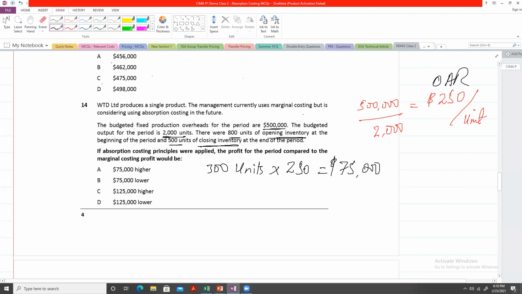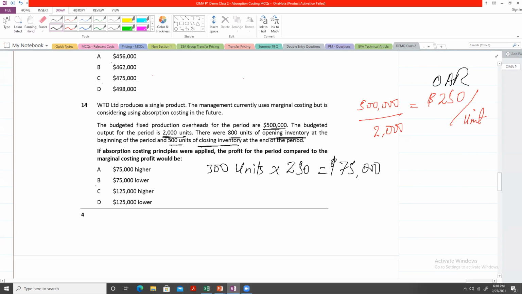Now we need to determine whether the profit in absorption costing is higher or lower than the marginal costing. During the period, the inventory level decreased.